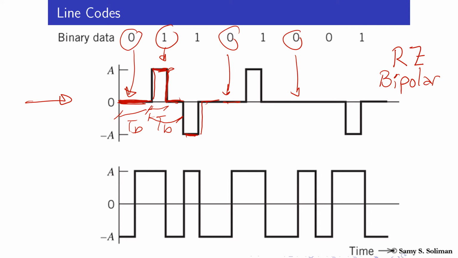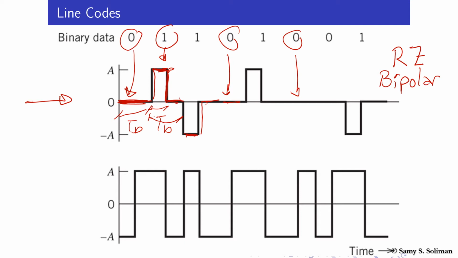Another name for this type of signaling is alternate mark inversion. Mark represents bit 1, and we alternately invert its representation between positive A and negative A.